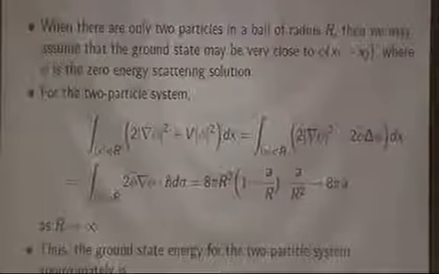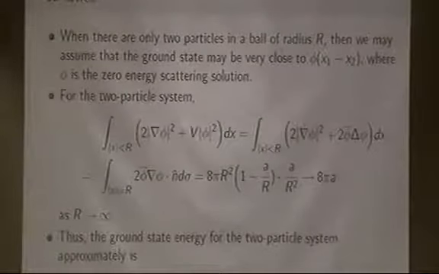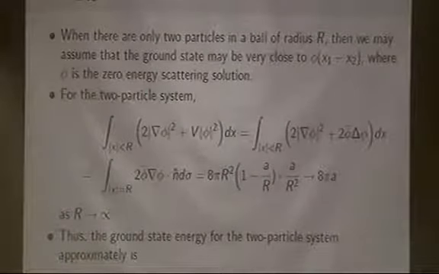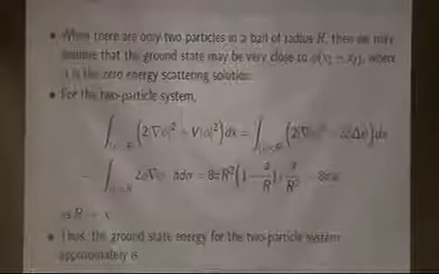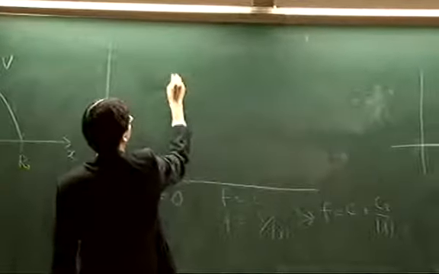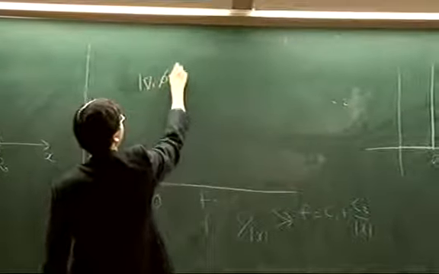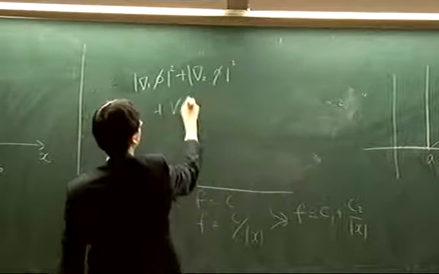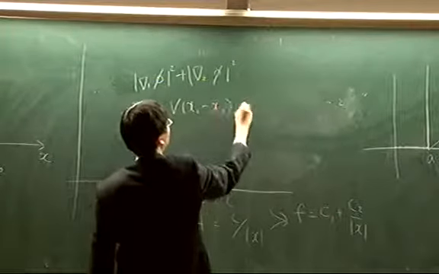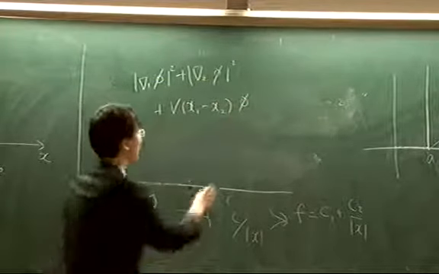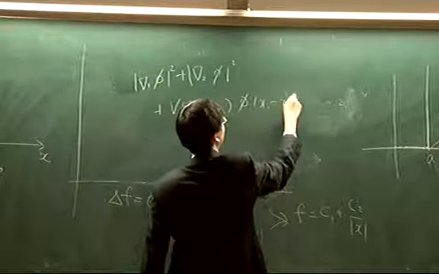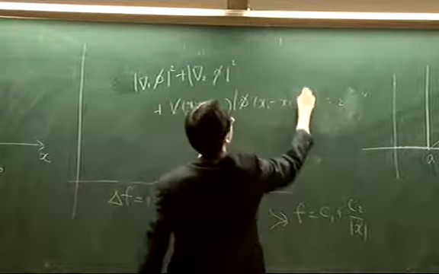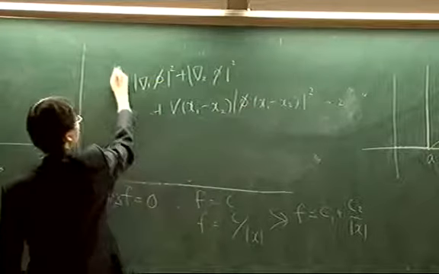For the two-particle system, we have the gradient 1 phi squared, gradient 2 phi squared, V of x1 minus x2 times phi squared, integrated.